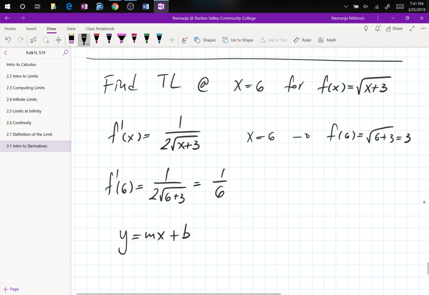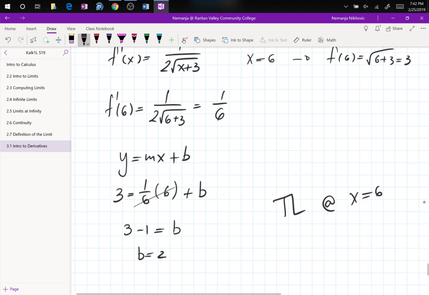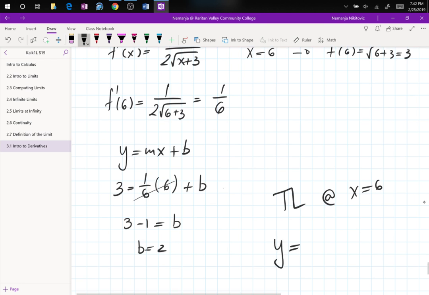You have everything. y is 3, m is 1 over 6, x is 6, plus b. 6 and 6 cancel. 3 minus 1 is b, so b is 2. The tangent line at x equals 6 is y equals 1/6 x plus 2.